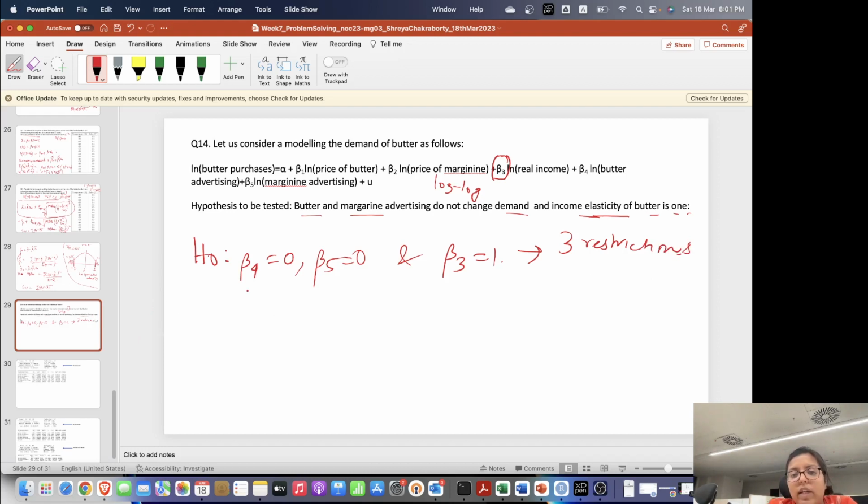So if we have to test this, this model is my unrestricted model. Under H naught, whatever we have, that is known as the restricted model.